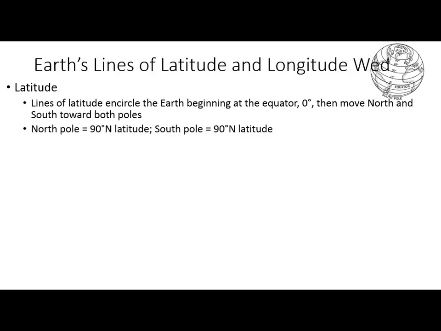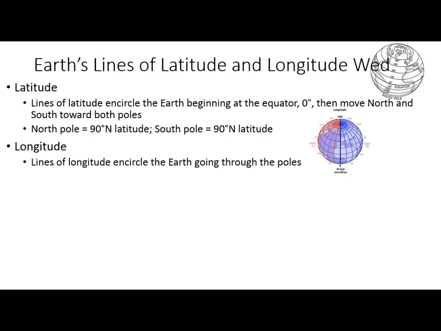They go north and they go south. So lines of latitude separate us into the northern hemisphere and the southern hemisphere. The equator is 0 degrees latitude, and then we have 90 degrees north latitude here, and then we have 90 degrees south latitude there. So that's kind of how that works.